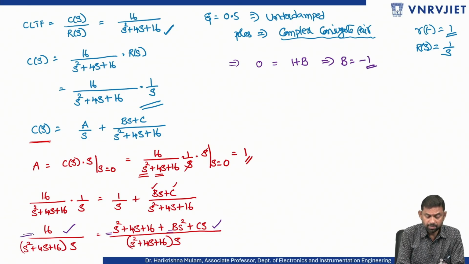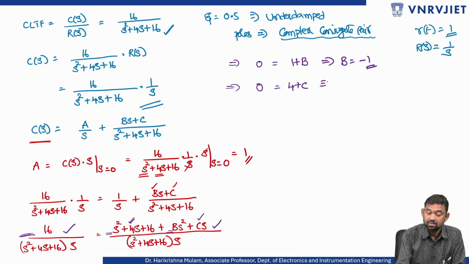Similarly, if you compare the coefficient of S on the left hand side numerator with the coefficient of S on the right hand side, on the left hand side the coefficient of S is 0. On the right hand side it is 4 plus C. Therefore, C is equal to minus 4.